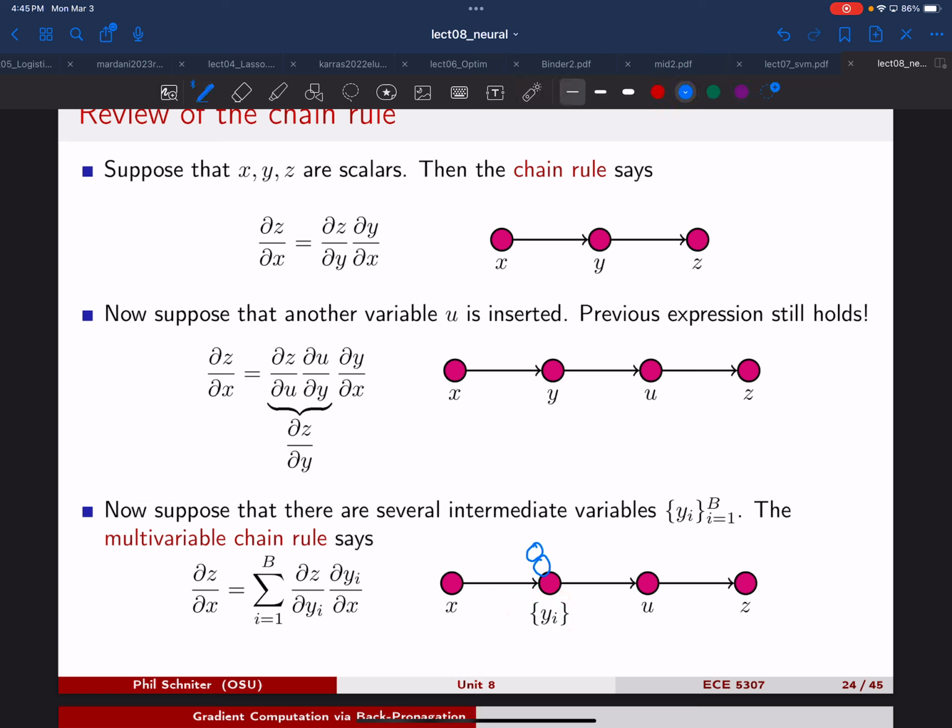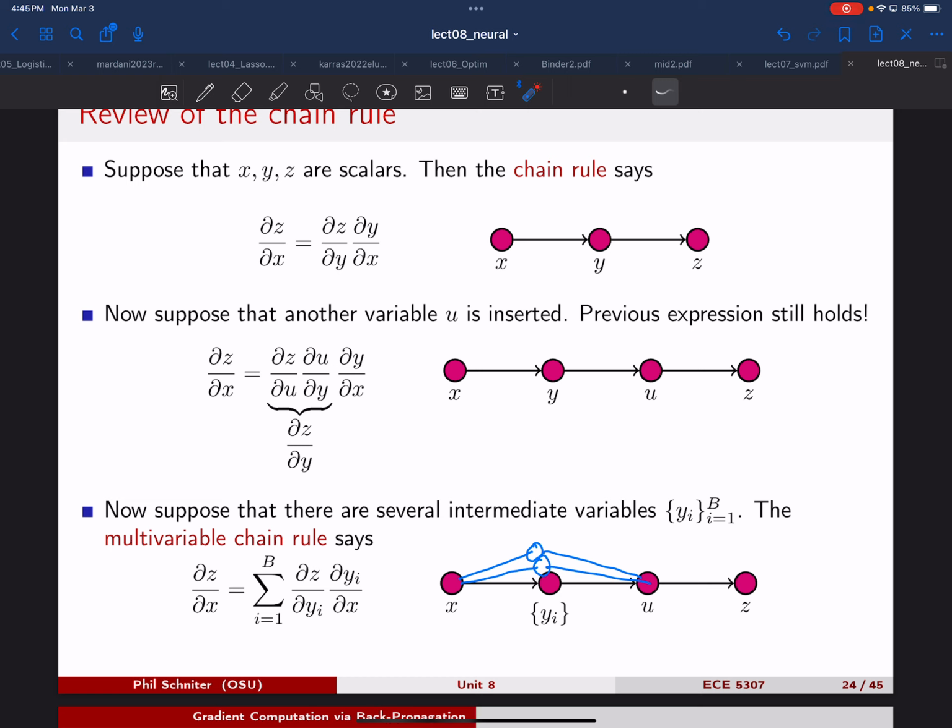So another way to visualize that would be like the set of yi would be like those things. And so what we're saying is that you could also think of the computation graph going like this. So that means basically there's different ways the information between x and u flows. It flows through each of these different yi's in the set. And as a result, we have this multivariable chain rule that we talked about before.